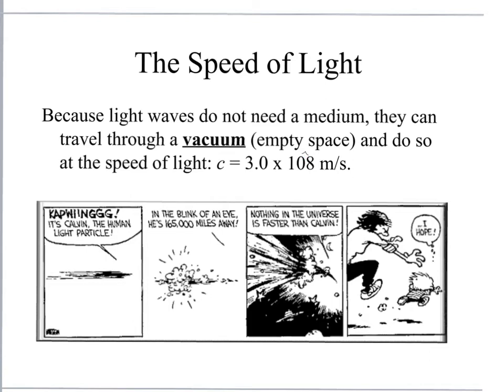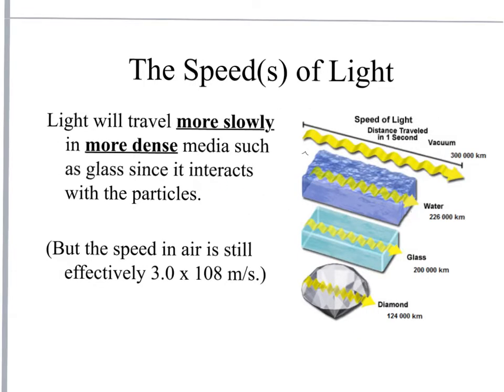The speed of light is 3.0 times 10 to the 8 meters per second. This is the speed of light in a vacuum. However, if light is traveling through a different medium, that speed will change. When light travels through different media, it will travel more slowly than the speed of light.